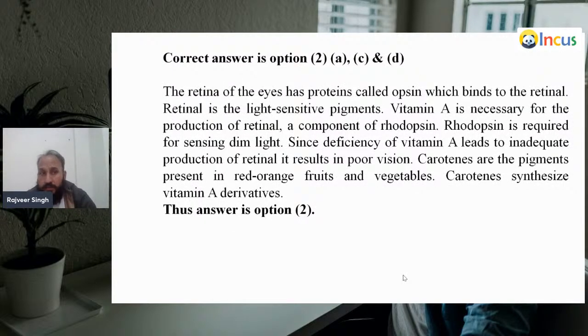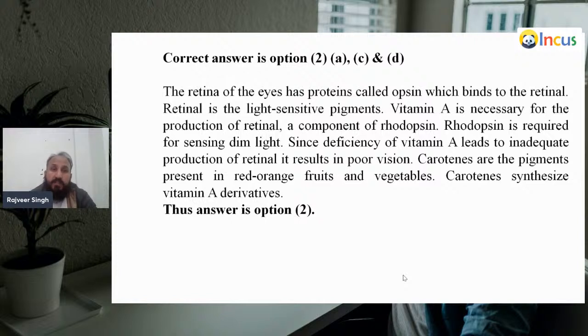If I talk more about this answer, listen to me. The retina of the eye has a protein called opsin, which binds to retinal. Retinal is the light-sensitive pigment, and vitamin A is necessary for the production of retinal, a component of rhodopsin.